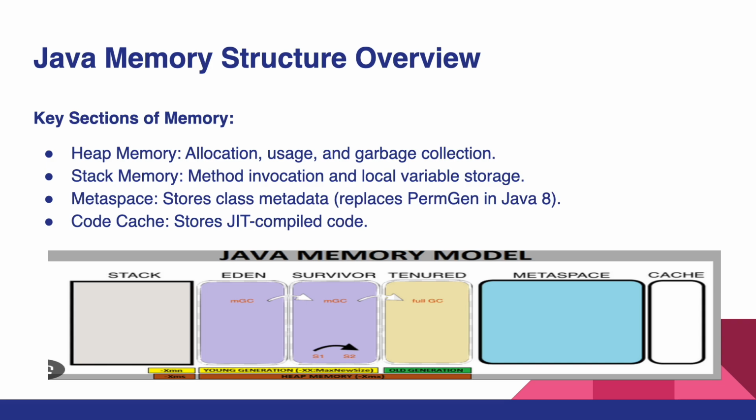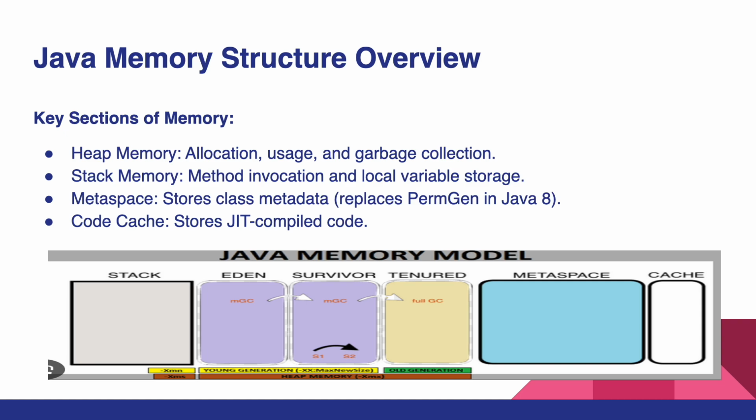Java's memory structure is divided into several key areas, each serving a specific purpose. We have the heap memory, which is where most of our objects are stored, and it's divided into the young generation and old generations. The stack memory is dedicated to method invocations and local variables, providing each thread with its own stack.